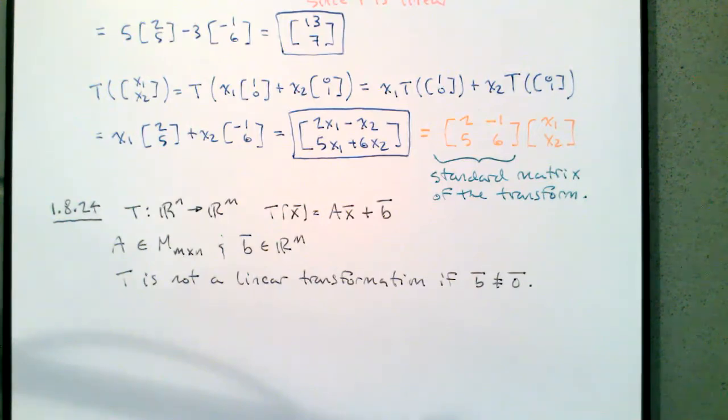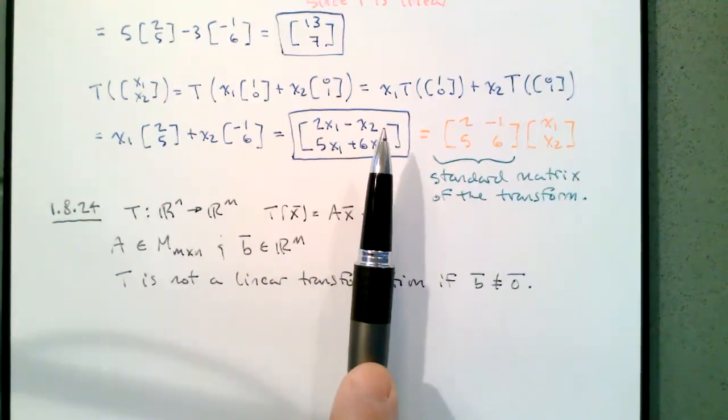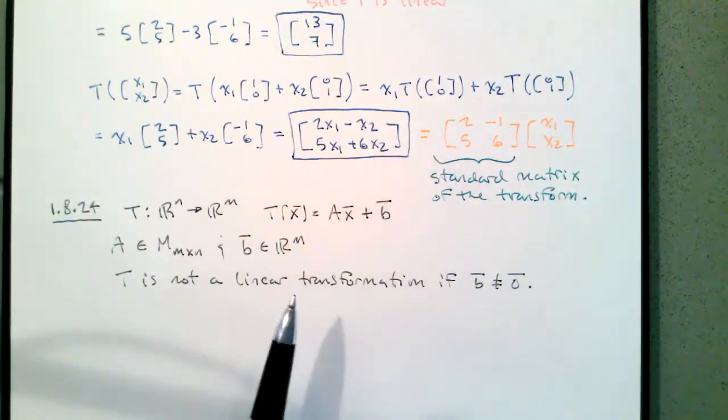We know that if T is a linear transformation, T respects linear combinations. If b is equal to 0, then T is a linear transformation. We get a linear transformation if it can be represented with matrix multiplication. But if b is not 0, then T is not a linear transformation.